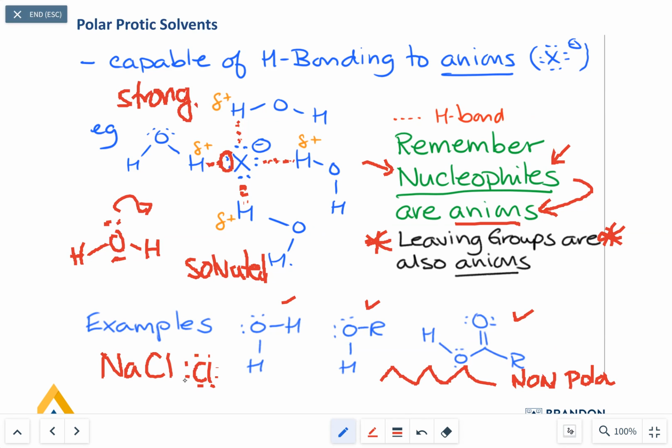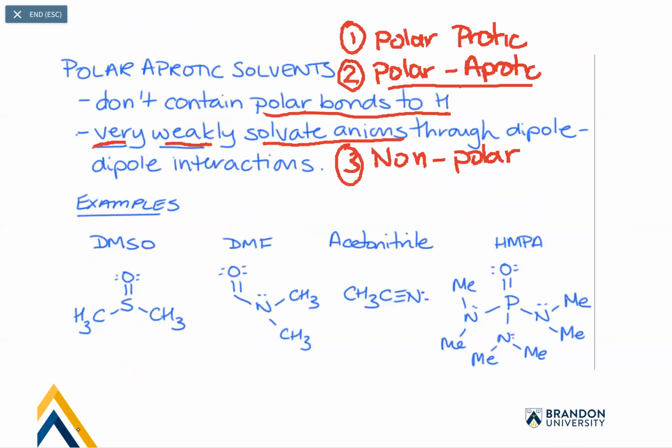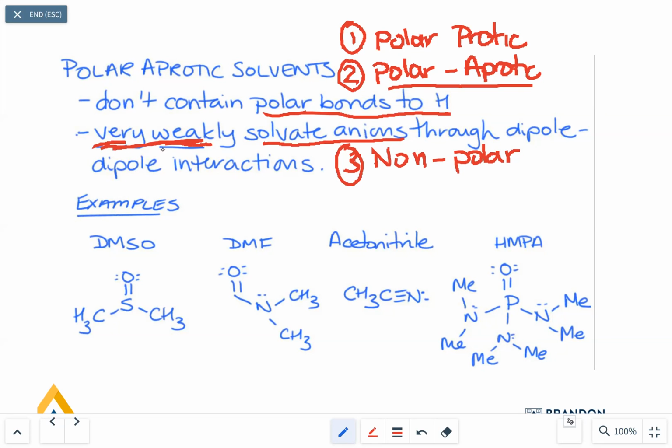To dissolve something, you need to solvate both the cation and the anion. Polar aprotic solvents don't contain polar bonds to H's, so they can solvate anions, but it's a very weak interaction.